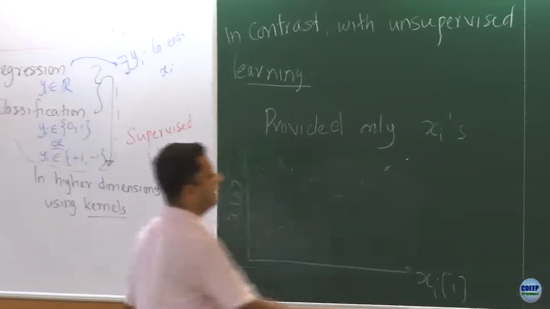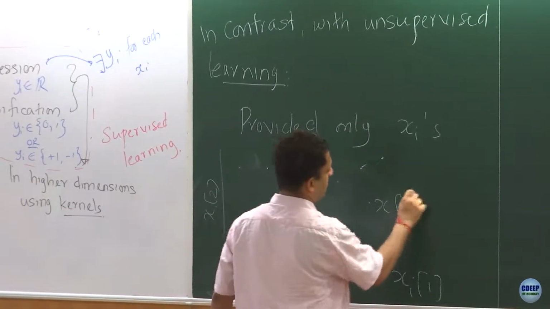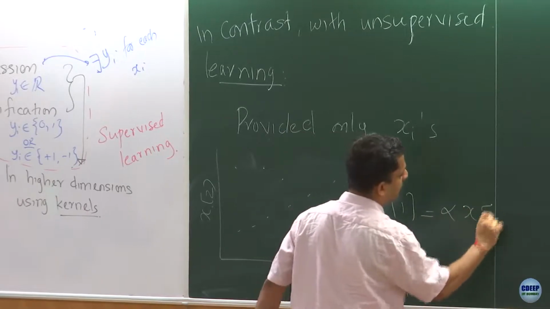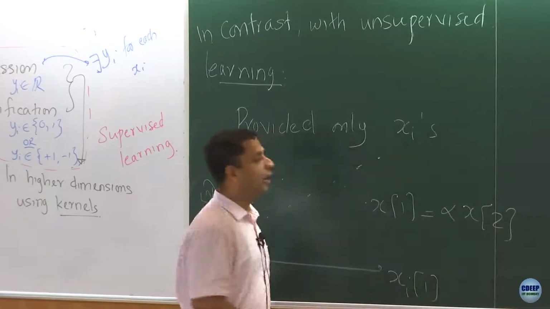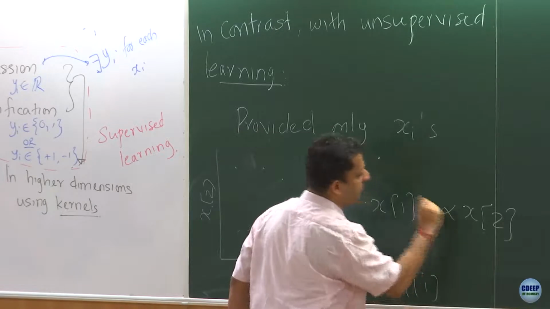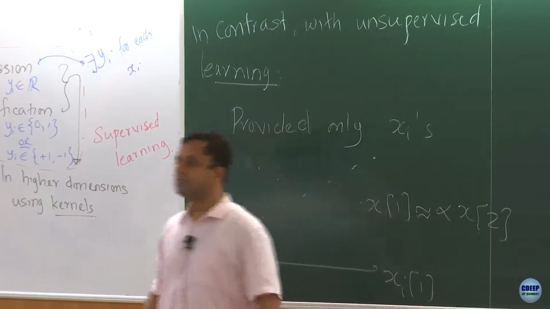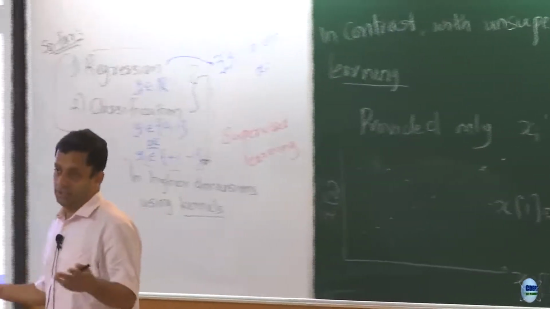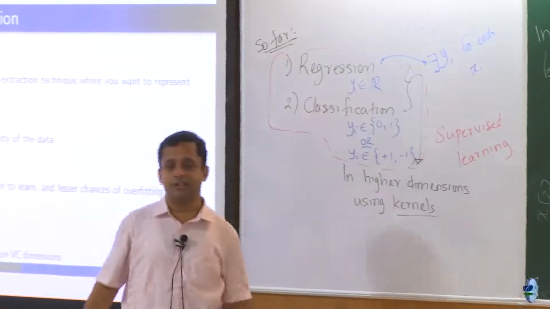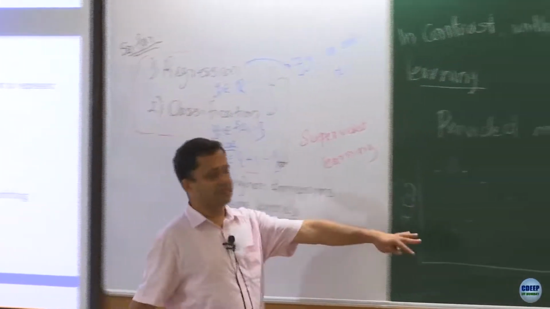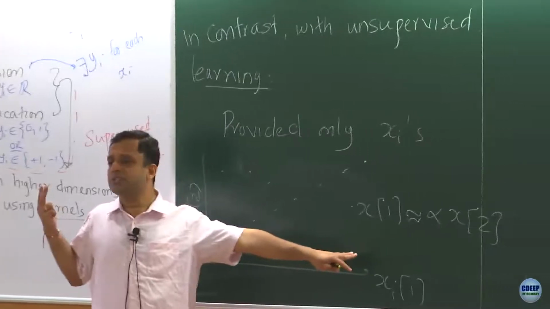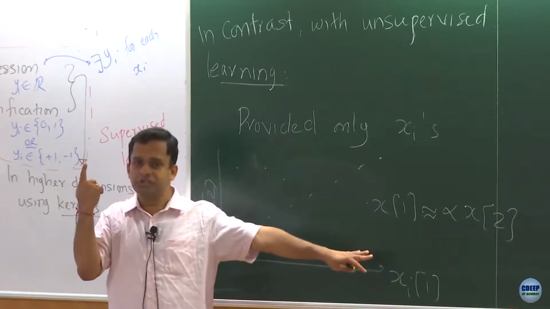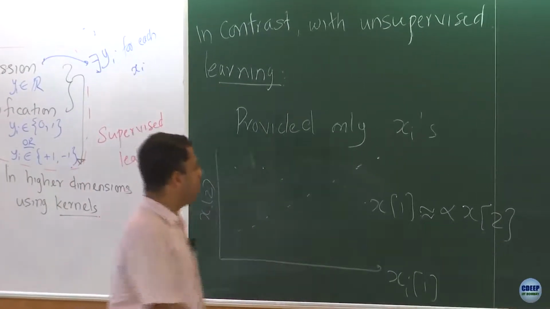But it might just be that x1 is say alpha times x2, some alpha times. Or it might not be exactly, it might be approximately alpha times x2. That approximate, how approximate, that's what PCA will deal with, right? But if this is the case, do I need two dimensions? One dimension is sufficient.